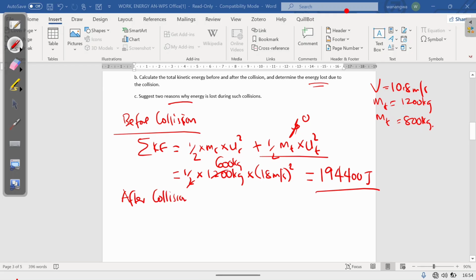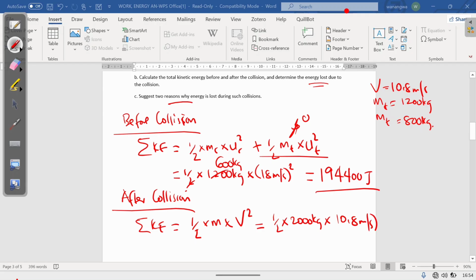Now after collision, these things stick together, so the total kinetic energy will be half times total mass times common velocity squared. So this will be equal to half times 2,000, the total mass, multiplied by the common velocity, 10.8 meters per second, squared. Half times 2,000 is 1,000 kgs.